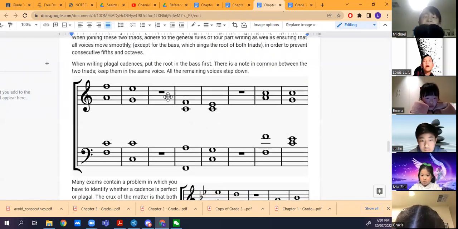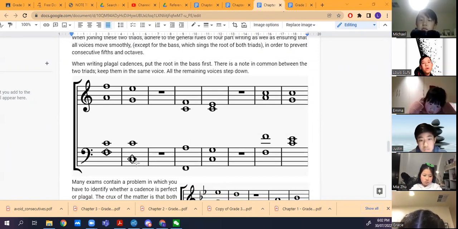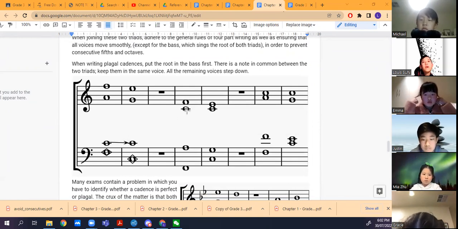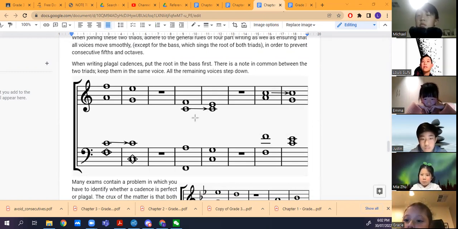So plagal cadences: the root in the bass, as always, and the note in common stays the same. Observe the note in common in every single plagal cadence. There is always that note in common.